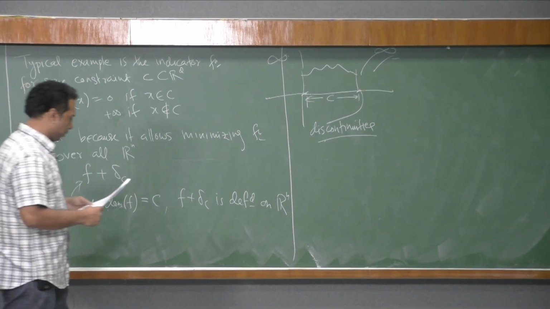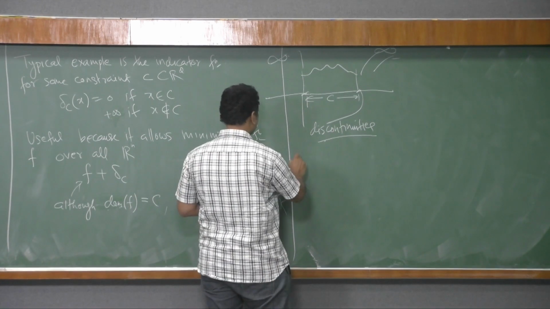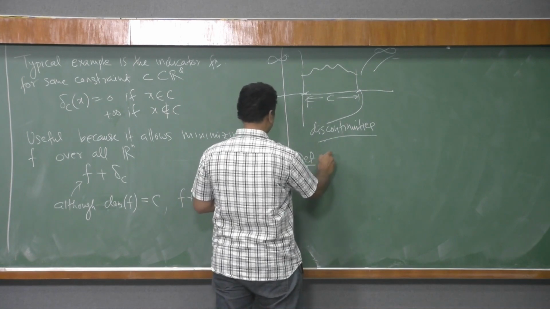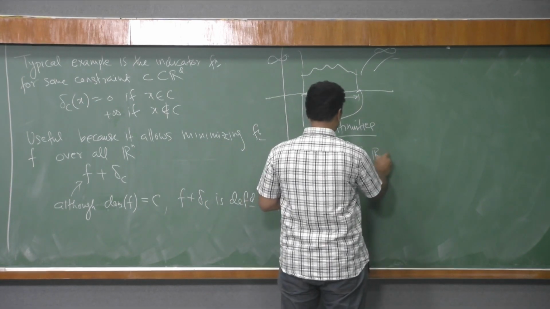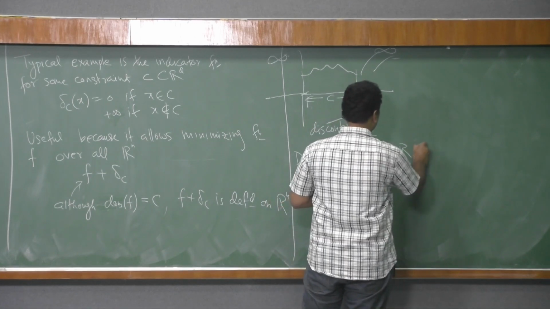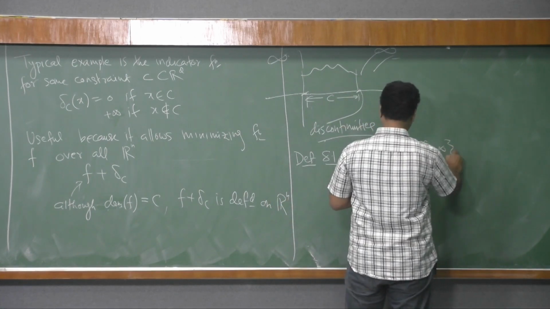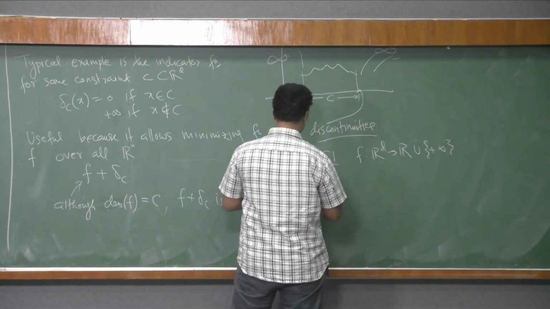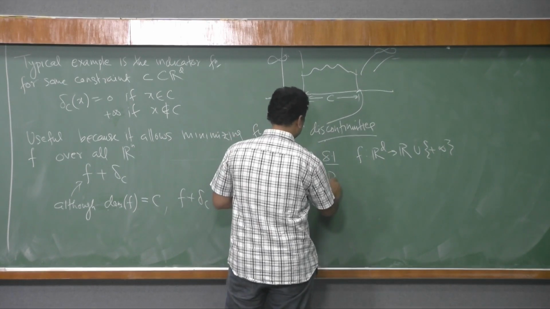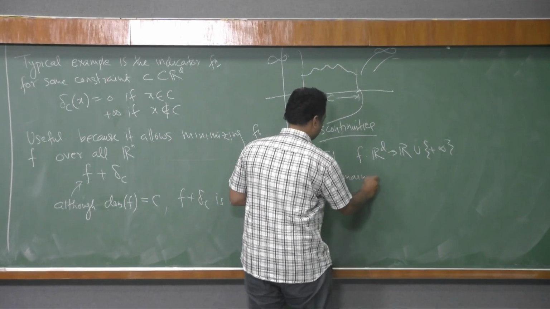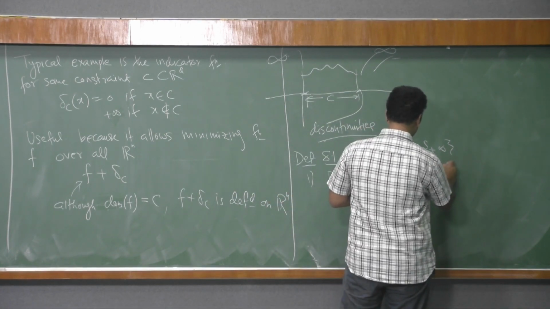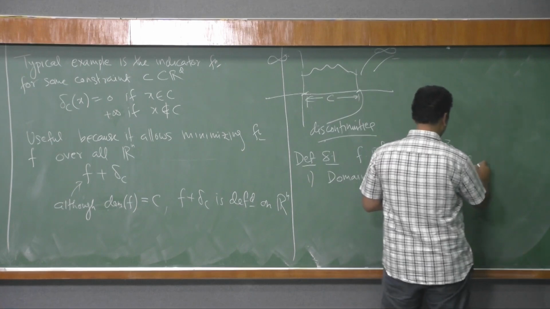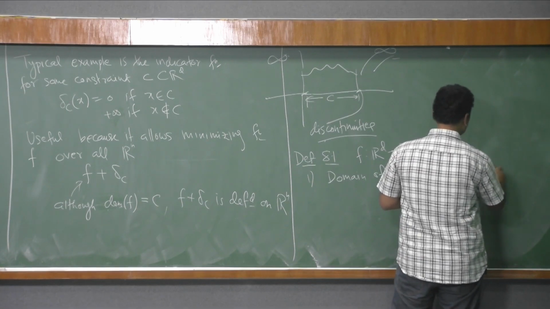Now let us go through some definitions. In the notes, it's definition 8.1, and it says f from R^d to R union plus infinity. Then we define the domain of f by basically all the valid points where it takes finite values.